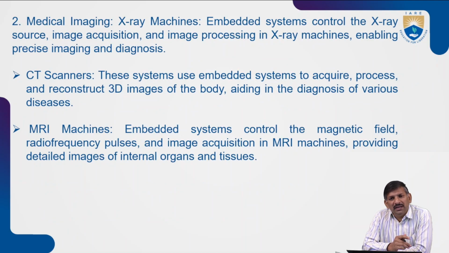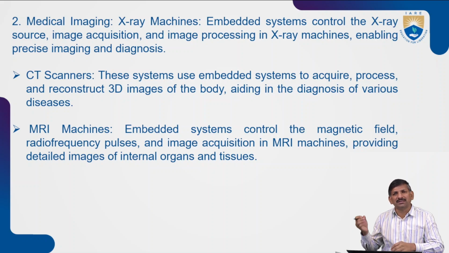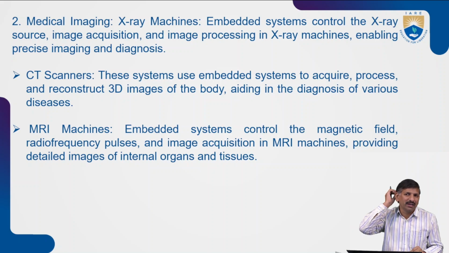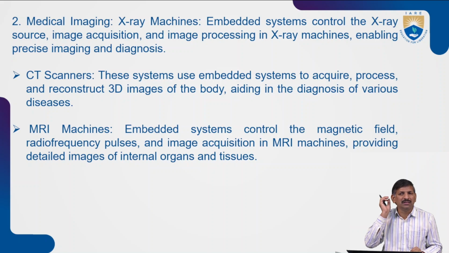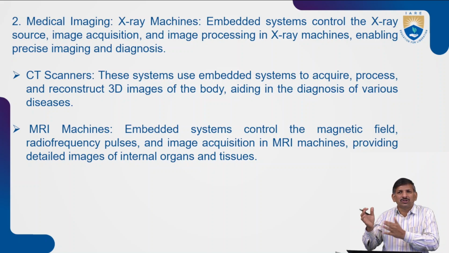Next, medical imaging: X-ray machines. Embedded systems control the X-ray sources, image acquisition, and image processing in X-ray machines, enabling precise imaging and diagnosis. If you do not identify a fracture in the bones, or some problem in the brain, it will spread and lead to loss of life.